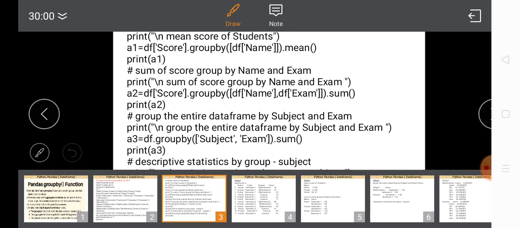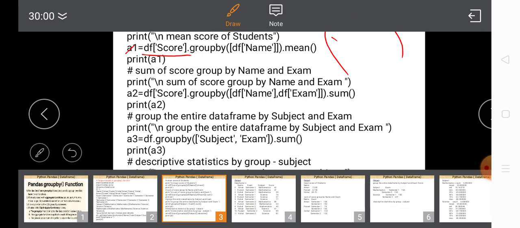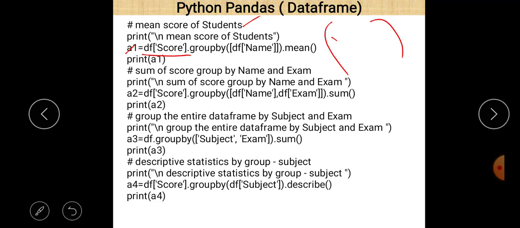Now let us talk about its second part, the mean score of the student. If you want to find out the mean score of the student, for this purpose we take a variable a1 and then just write df score. Score is the name of the column and it is mentioned within square brackets, because we have to take only one column name here.